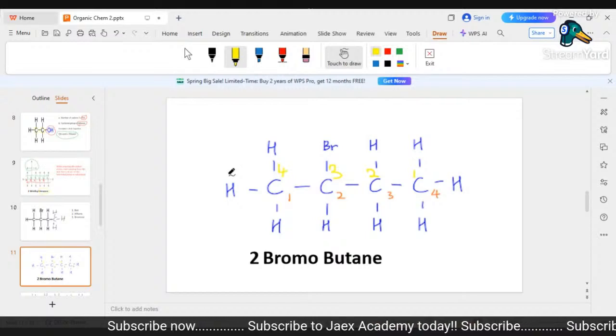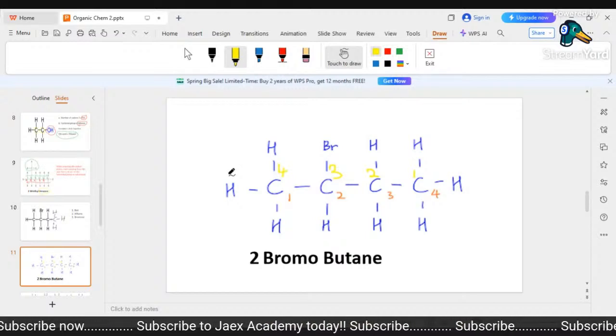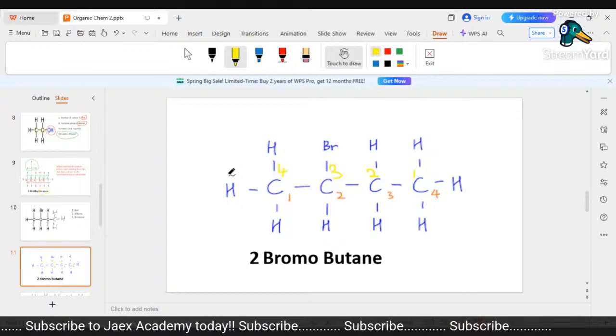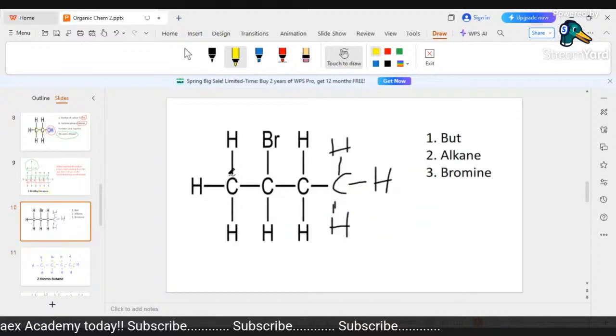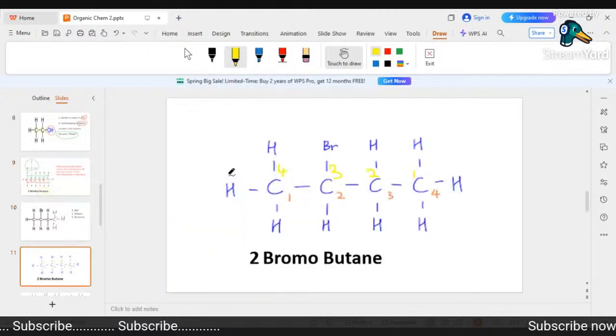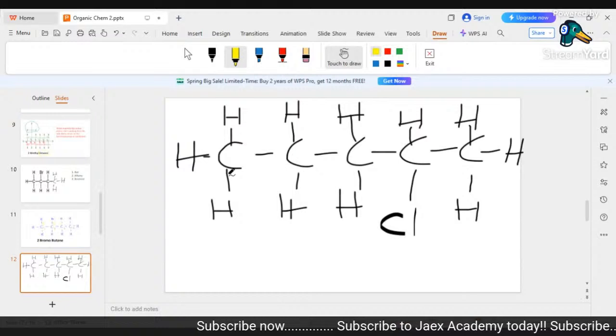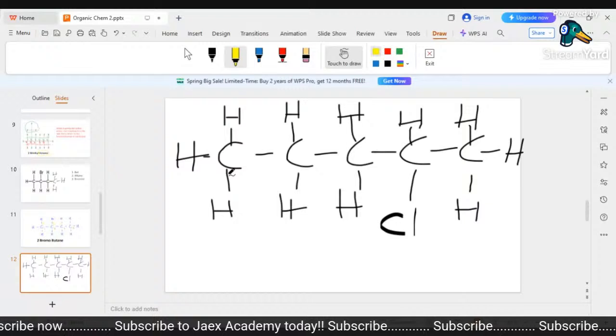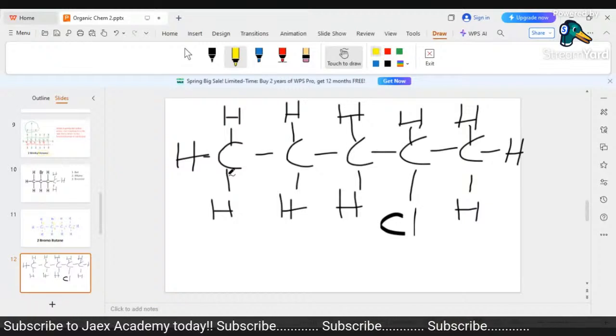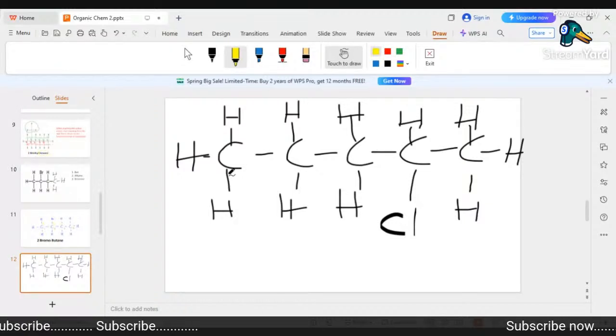So that makes it 2-bromobutane. Now moving forward. Let's name this quickly.